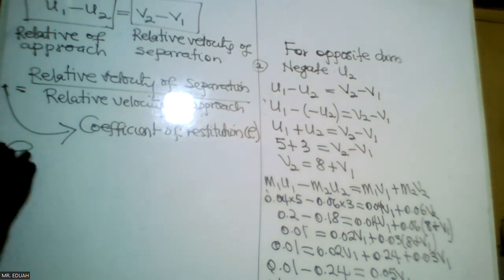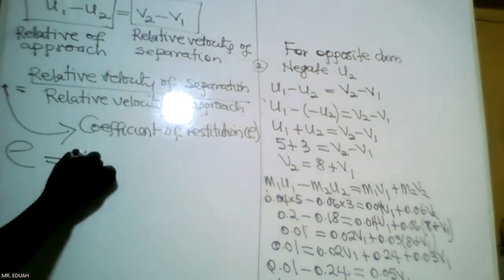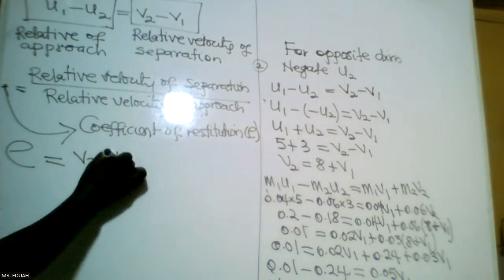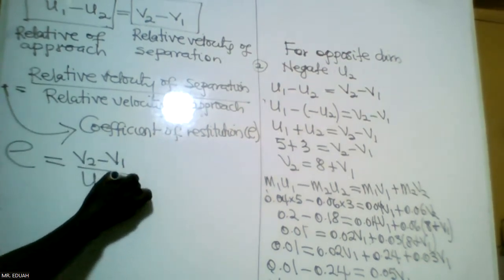So we say E is equal to V2 minus V1 over U1 minus U2.